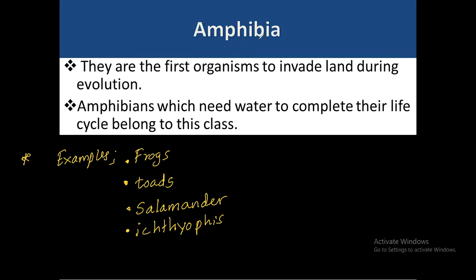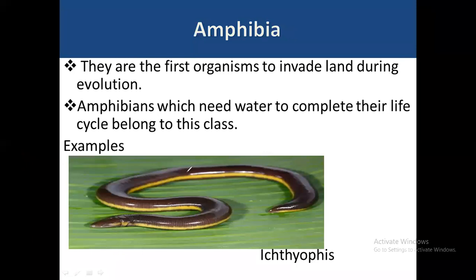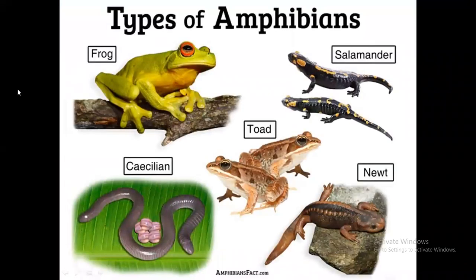Is it finished, right? Right. Amphibians, animals that live in water as well as on land, are called amphibians. Next, we have to go to this thing here, types of amphibians. Now you can see the difference between the frog and toad.